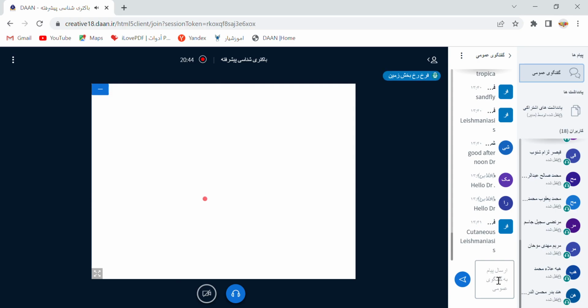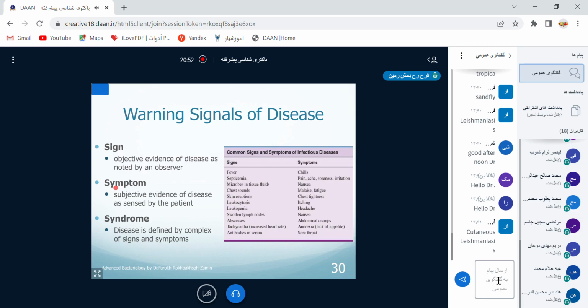Warning signals of disease. So we understand disease according to signs and symptoms. What are they? Signs and symptoms. Sign: objective evidence of disease as noted by an observer.